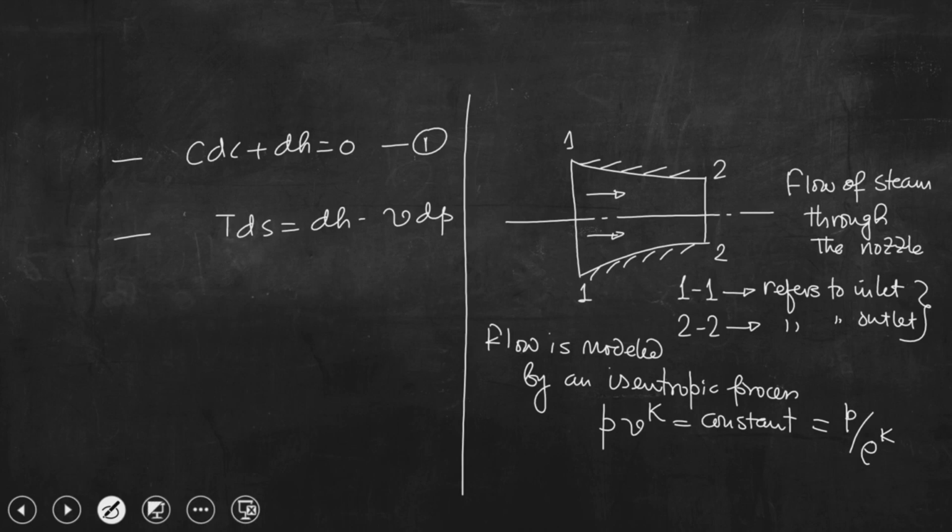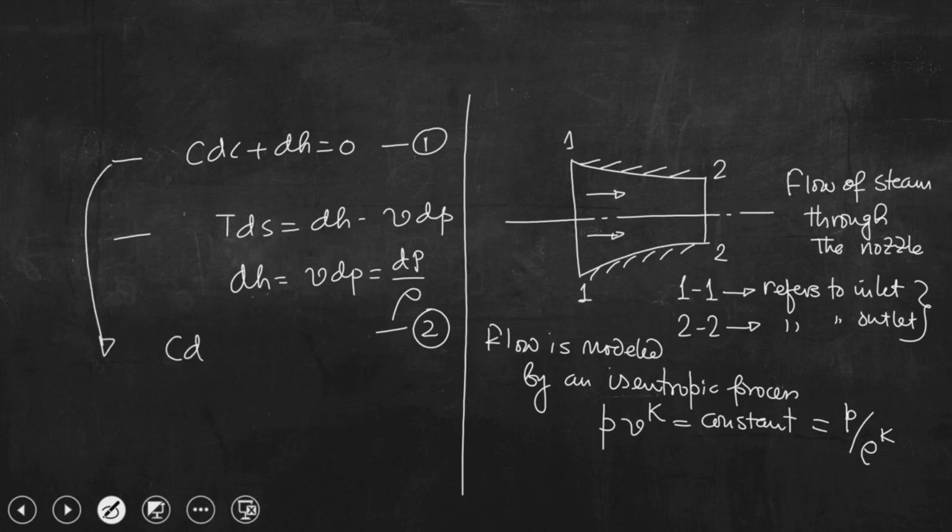Now, if the process is isentropic, we can write dH equal to VdP, that is dP by rho, and so this is equation number 2. So, if we write the expression of dH in equation 1, then we can write C dC equal to minus dP by rho.